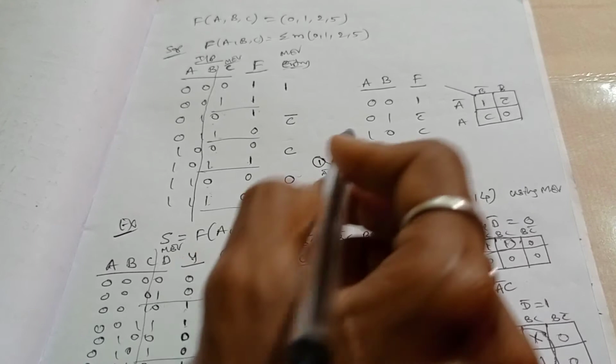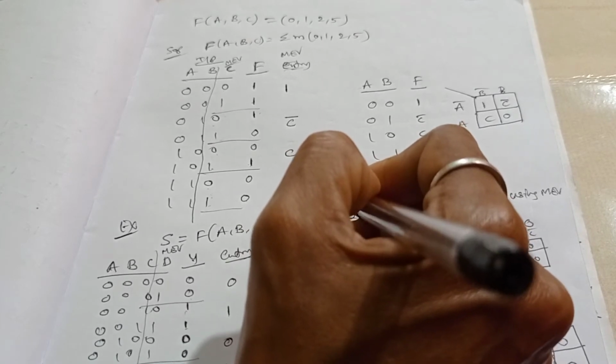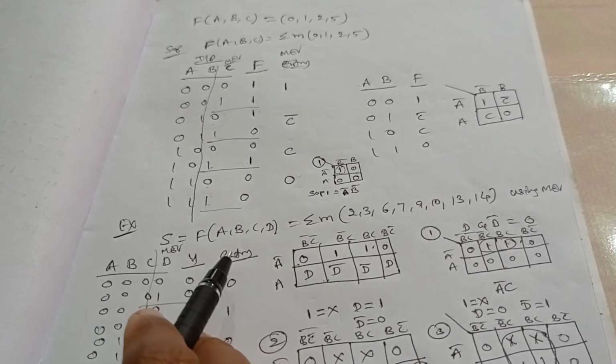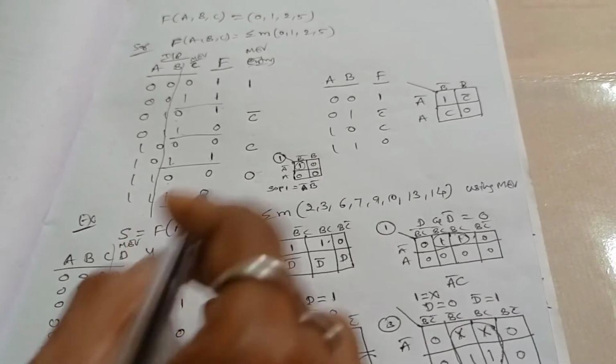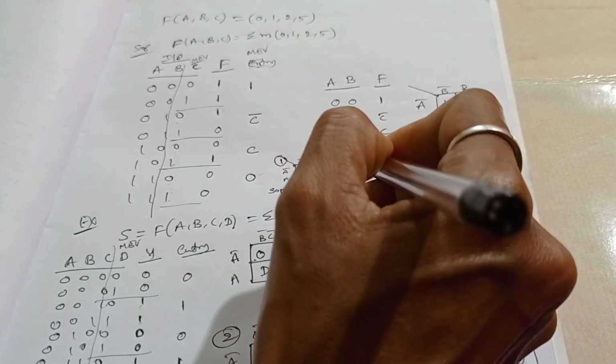This is a single term, okay, only single. So we get A bar B bar. This is one SOP. Now the next procedure, step 2.